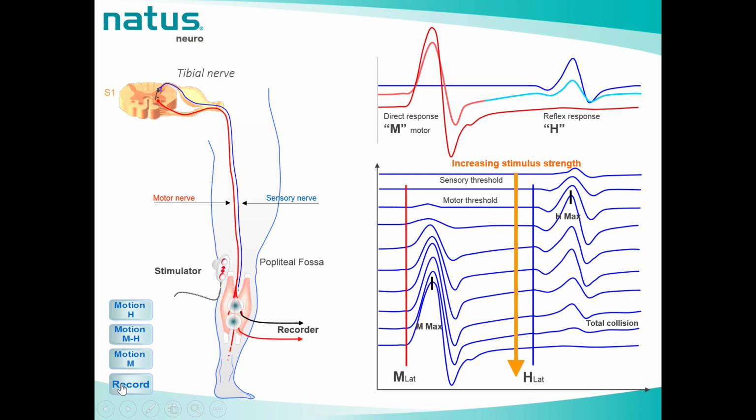And as you can see, when we look from the top to the bottom of this graph, as the motor response increases, the H response decreases, up to the point where we have a total collision and only the M response amplitude increases. From those waveforms, we save the waveform with the maximal H response and the maximal M response.